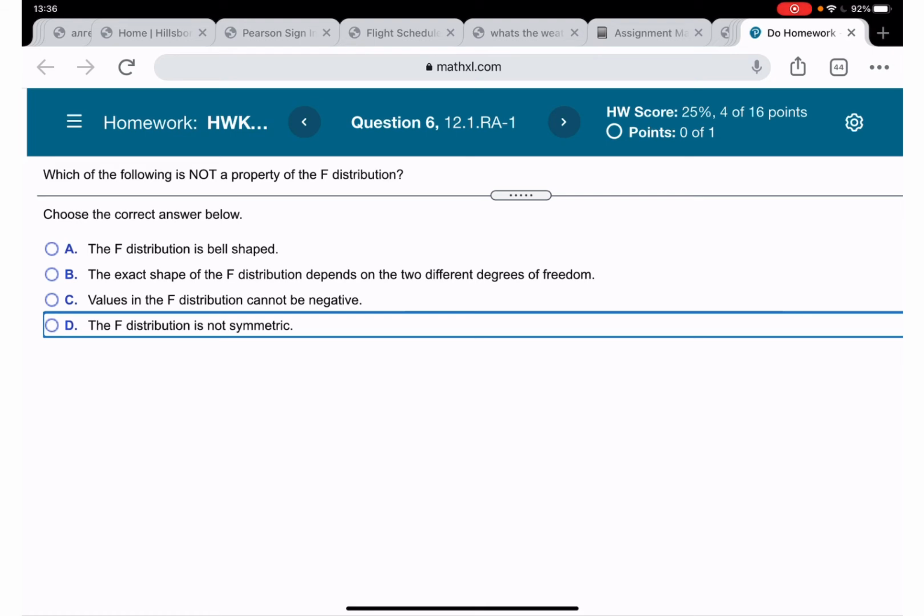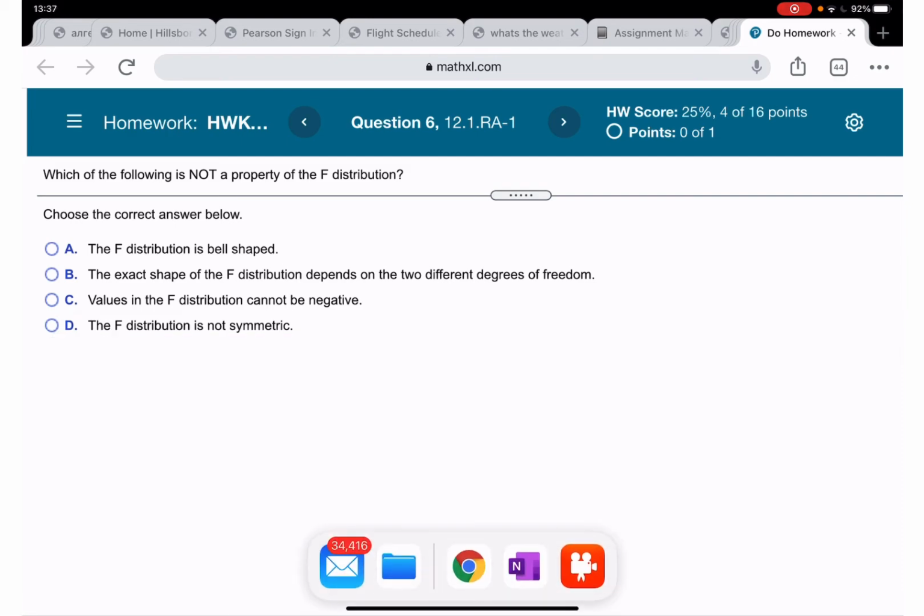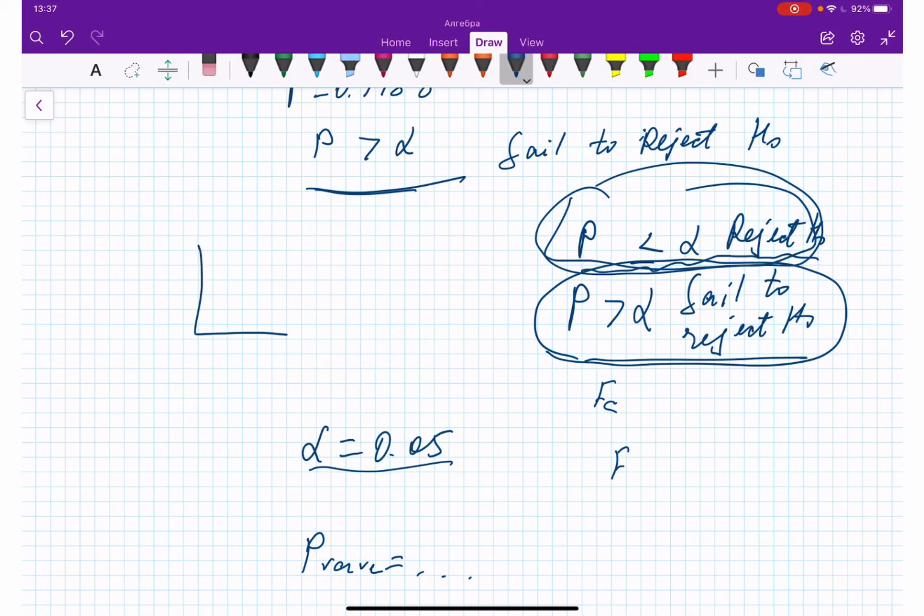C, values in the F distribution cannot be negative. That is very true, because if this is our F distribution, it's solely in the positive quadrant, so it cannot be negative.